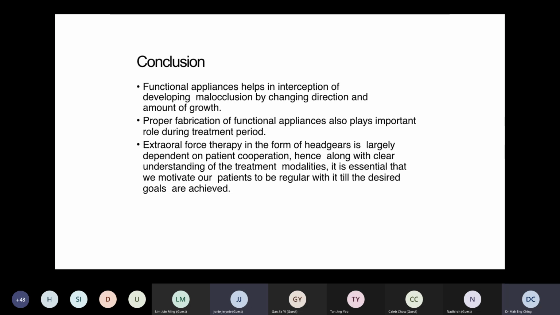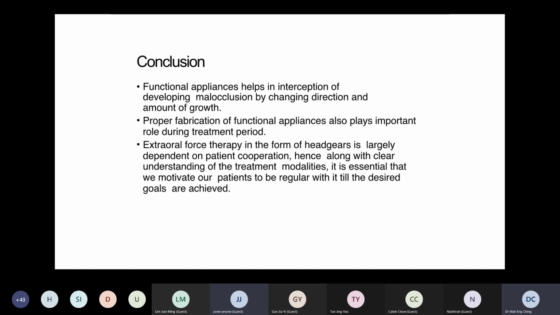The compliance from the patient is ultimately the most important thing. With removable appliances, if the patient is not going to wear it, then nothing much will happen. Patients have to wear it according to instructions, which is more than 12 hours a day. For functional appliances, we request the patient to wear it 24 hours except when eating.